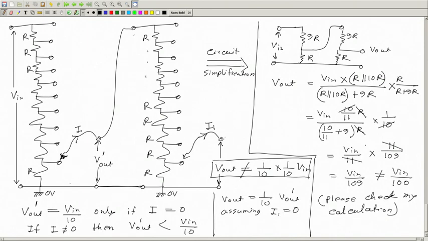That is possible if we have an ideal voltmeter here or a potentiometer here. So, of course, then V out will be less than V in by 100. That is what we have seen, it is less than V in by 100, according to my calculation V in by 109. Check my calculation please. So, what is the solution?